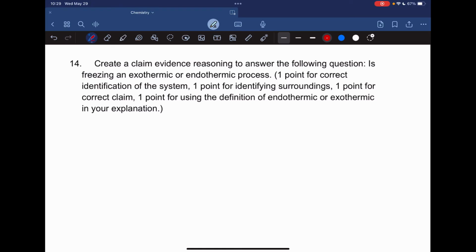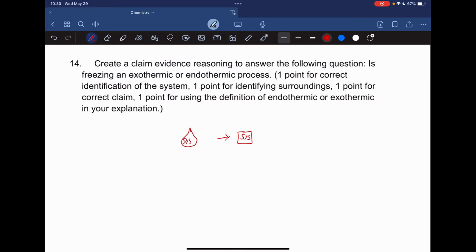Problem 14 is creating a claim evidence reasoning to answer the following question: is freezing an exo or endothermic process? So the idea is if you had some water, so we'll just draw a drop here of water, and if this water froze into an ice cube, would the system, which we're going to call this is the system, lose or gain energy from its environment, from its surroundings?